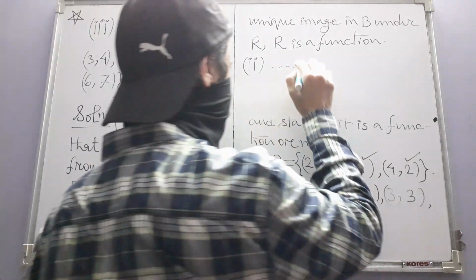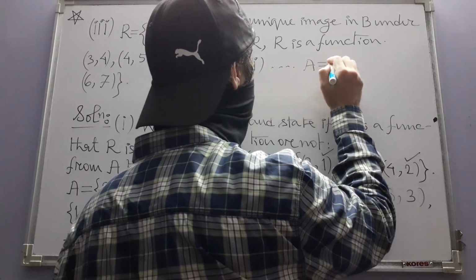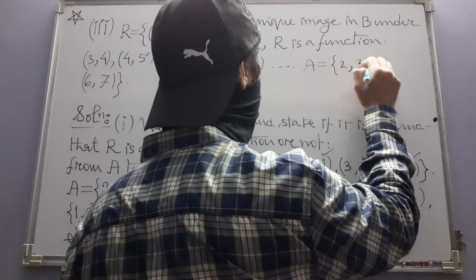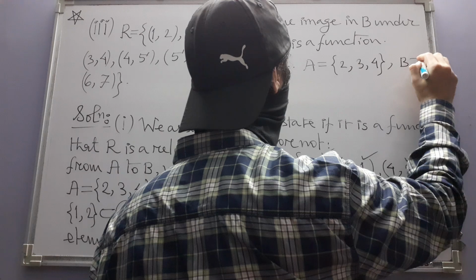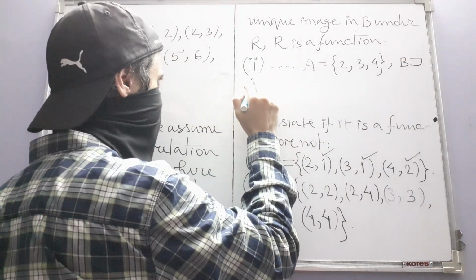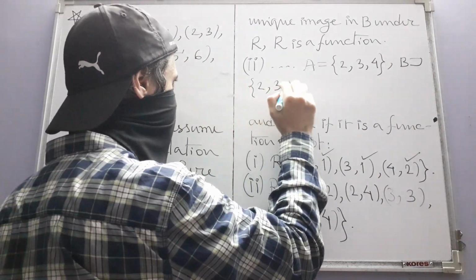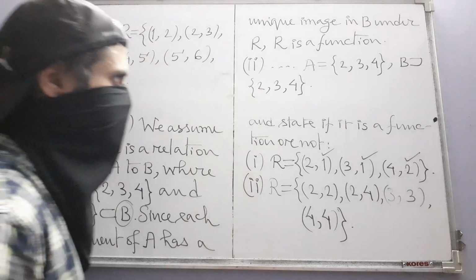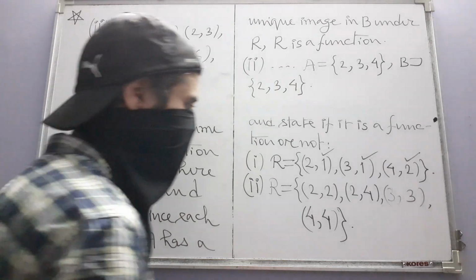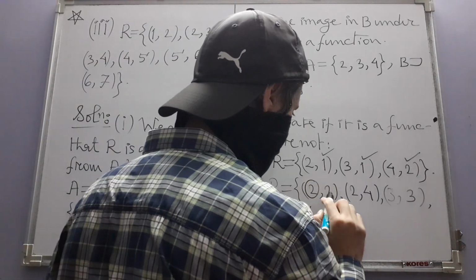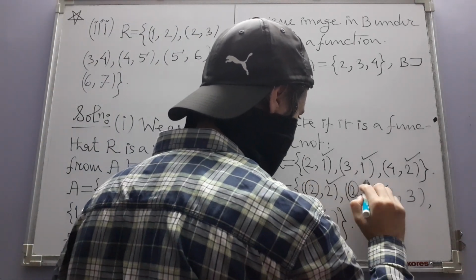Okay, so at least let me just write here A is this set and B contains, or B is a superset of this. But we have already run into a problem here, because 2 has 2 images, 2 and 4.